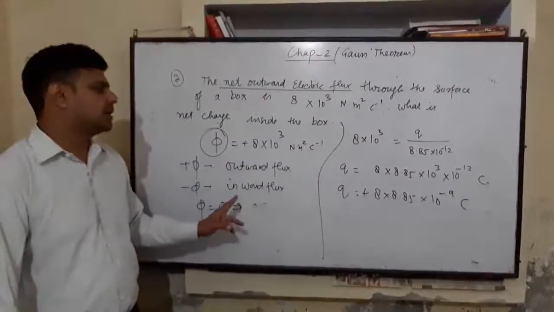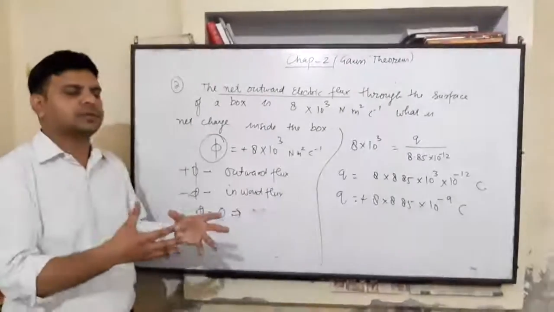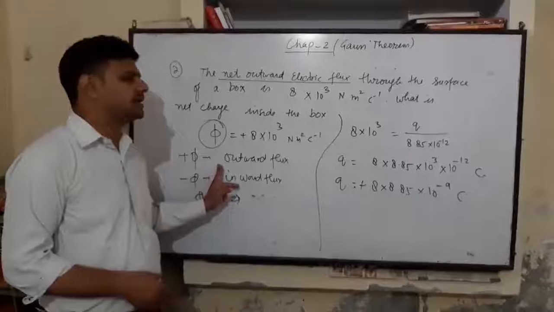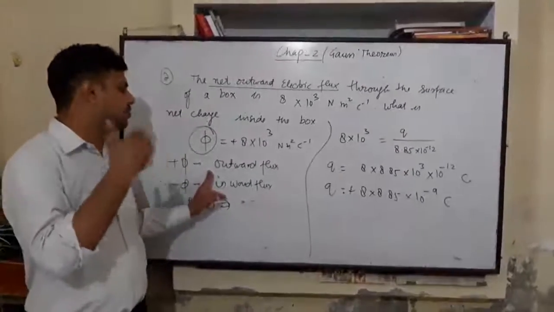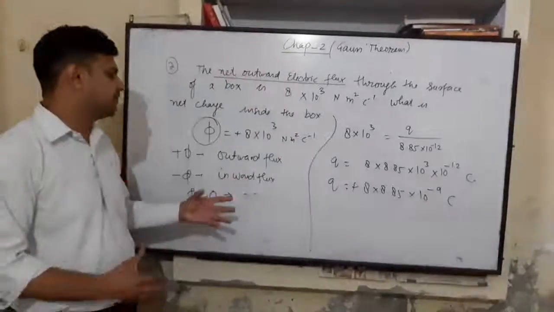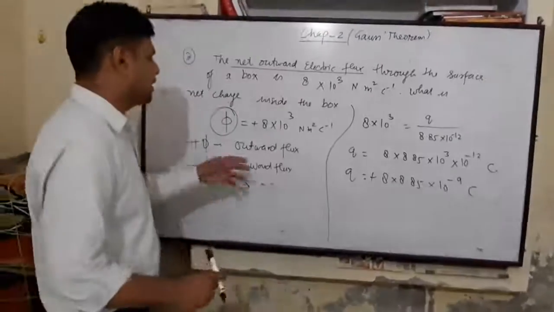If we have a box, a closed surface, then positive flux means that field lines are going in the outward direction. Negative flux means field lines are coming inward.